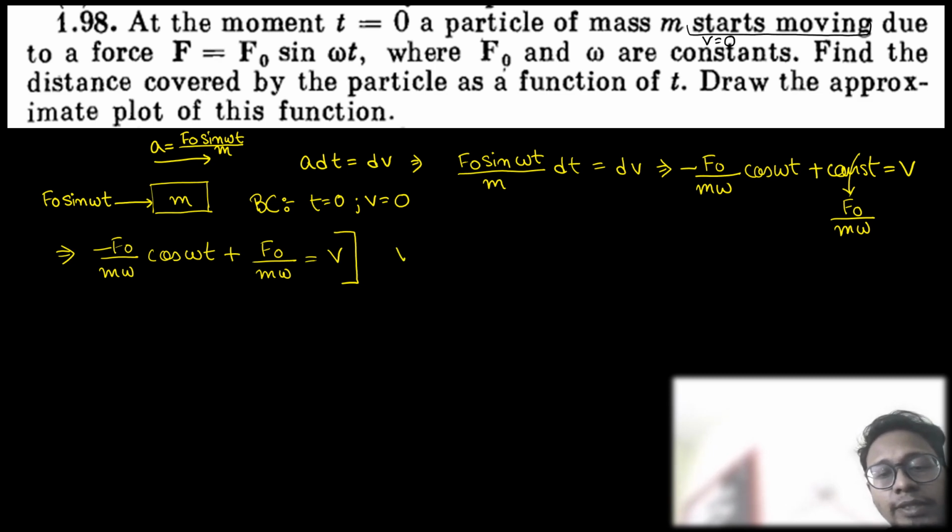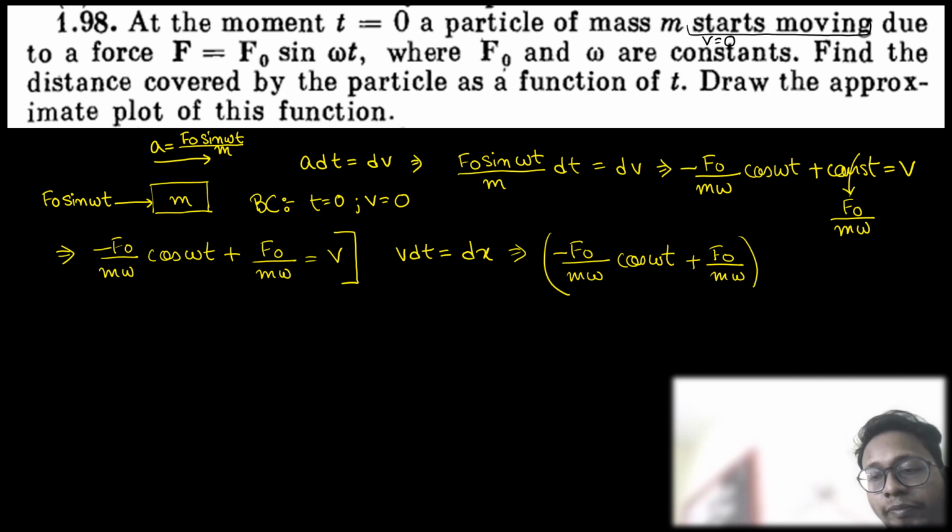So we know that v dt equals dx. What is the value of v? The value of v is minus f naught by m omega cos omega t plus f naught by m omega, into dt, equals dx.